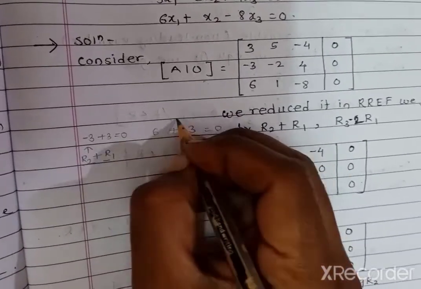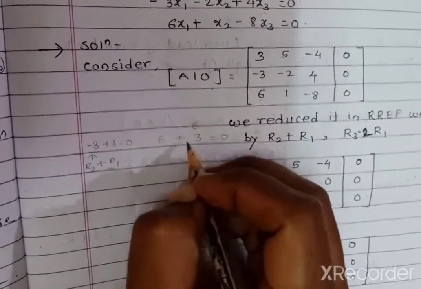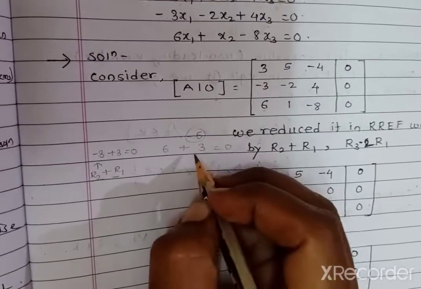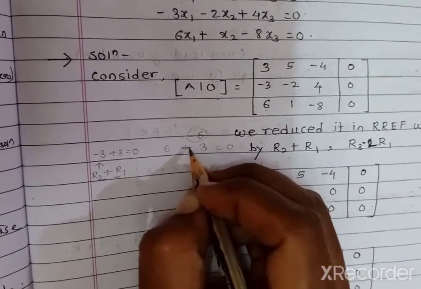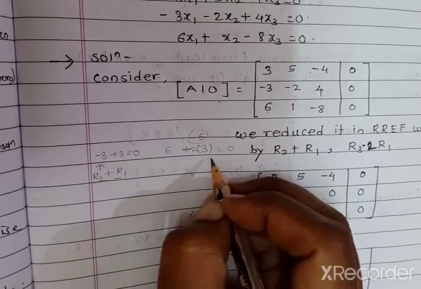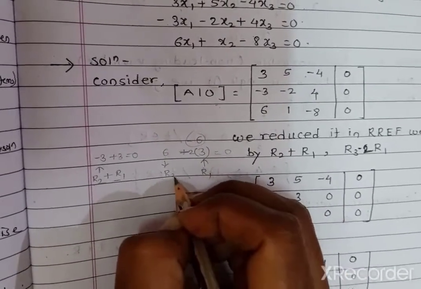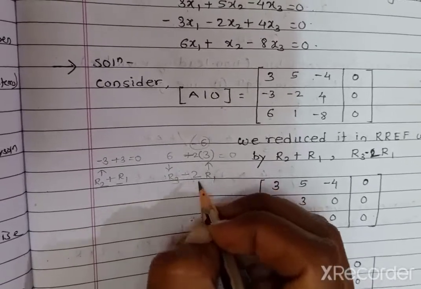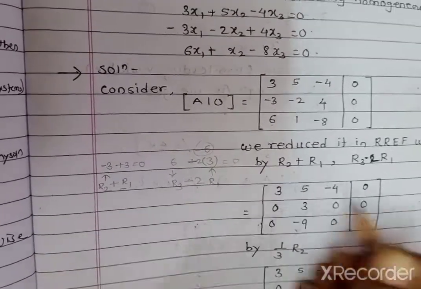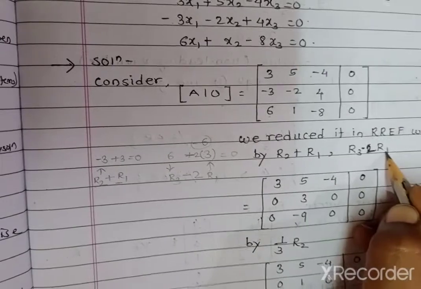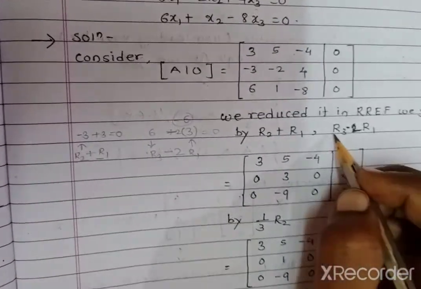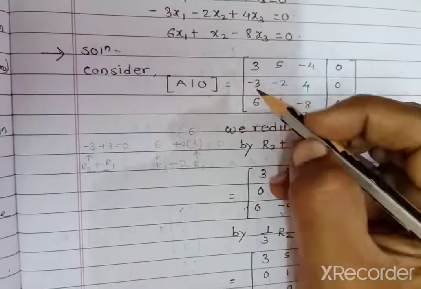If we add minus 6, then it becomes 0. So we get minus 6 when we multiply by minus 2. This 3 occurs in the first row, and this is the entry in our third row, so R3 minus 2R1. So we write down that row operation and follow it.